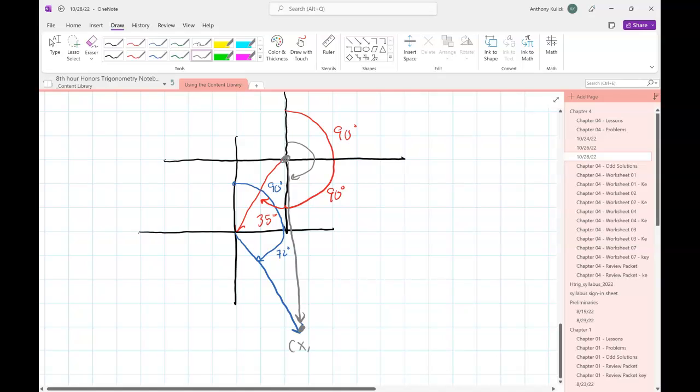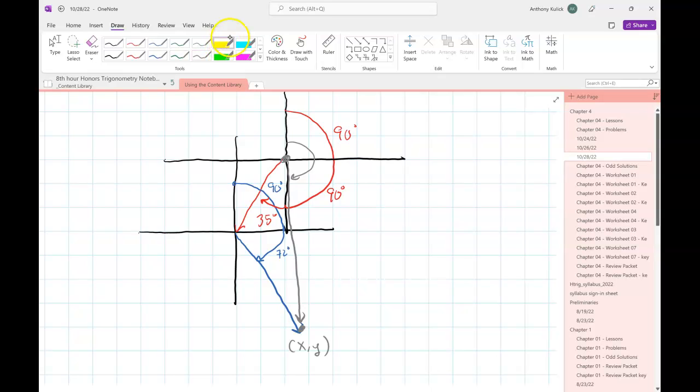I want to figure out what that point XY is. If I have that point, I can use the distance formula to calculate the length of that back to the origin. And I can use inverse trig functions to find the angle and build that out to get a bearing. Everybody's okay with that plan?